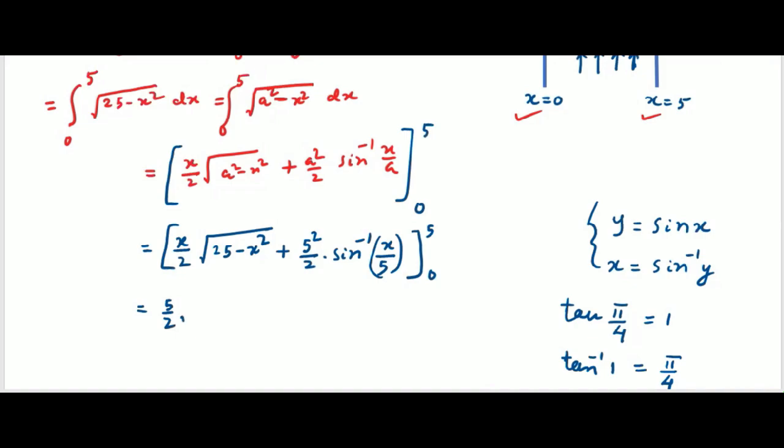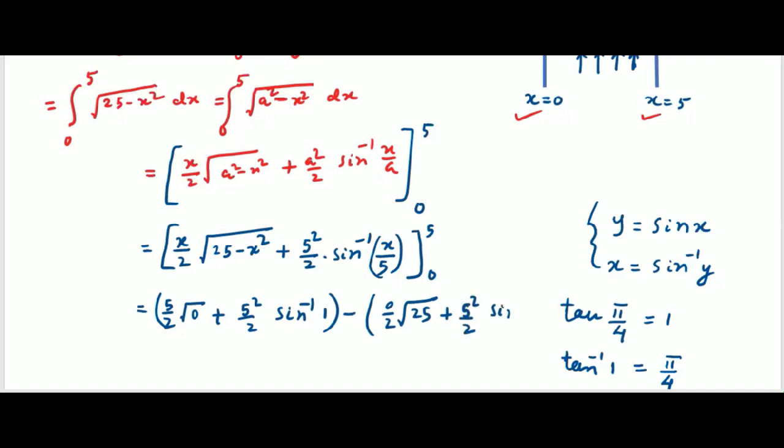I put 5 here, from 0 to 5. So square root of 0 plus 5 square by 2 sine inverse 5 by 5, that is 1, minus 0 by 2 into square root of 25 plus 0 again. This is 25 by 2, no change.